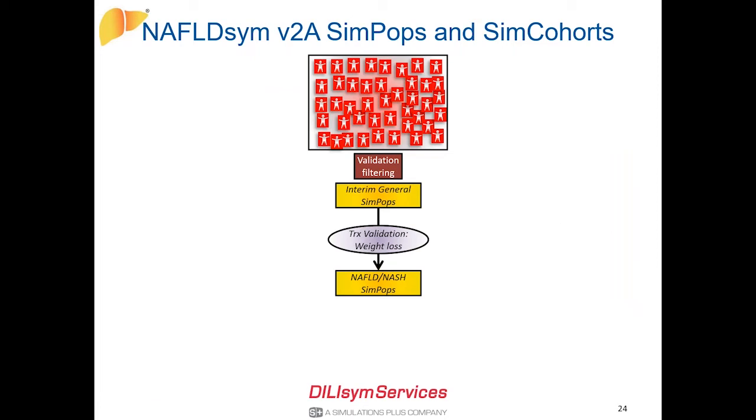Okay, so throughout each of these slides, we've shown you really the entirety of the simulated population, which is pretty substantial, approximately 1,500 plus or minus. But in reality, we don't anticipate that all users of the NAFLDsym software will use the entire population of 1,500 or so for every simulation.